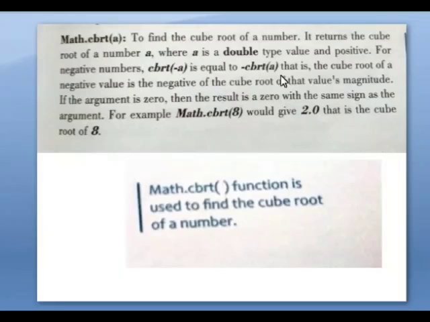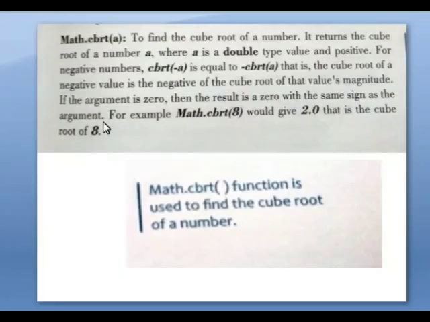Okay, it will take the negative value. So the value is the negative of the cube root of the value's magnitude. Okay, if the argument is 0, the result is 0 with the same sign as the argument.